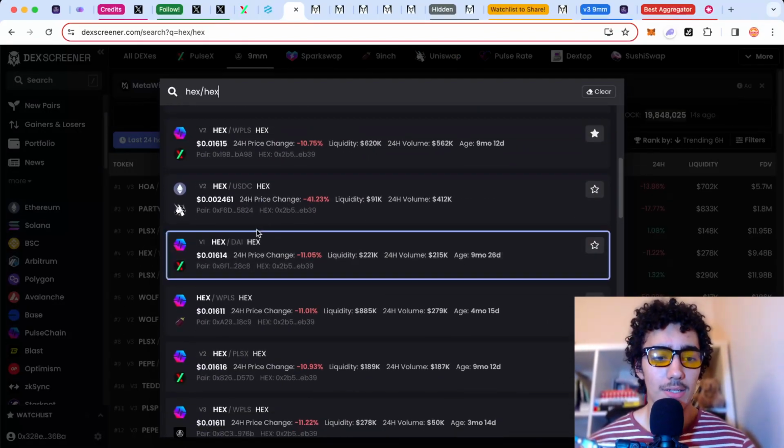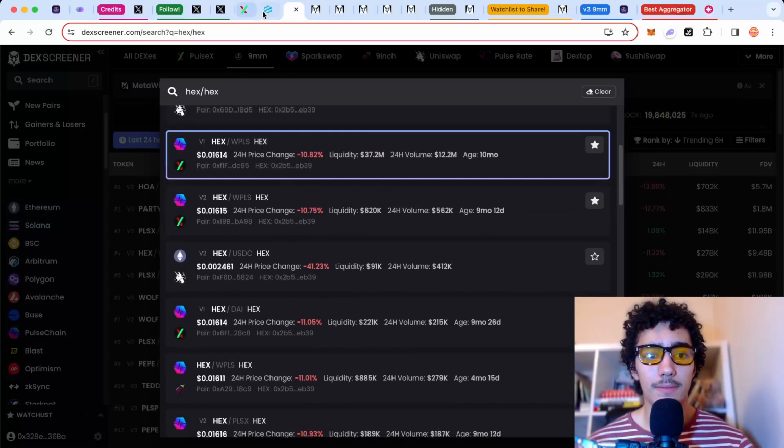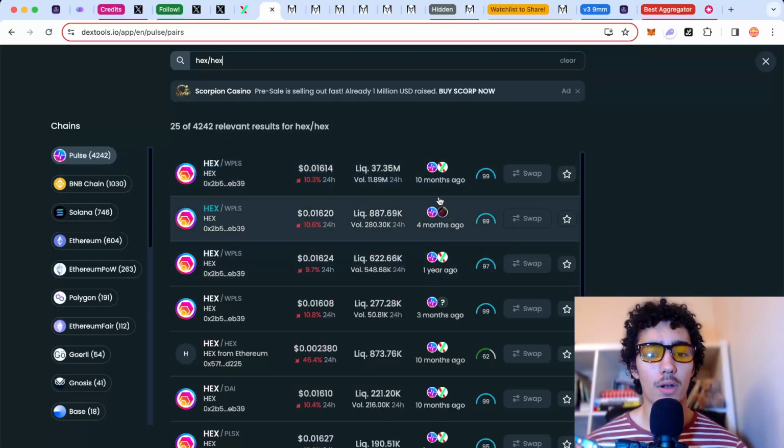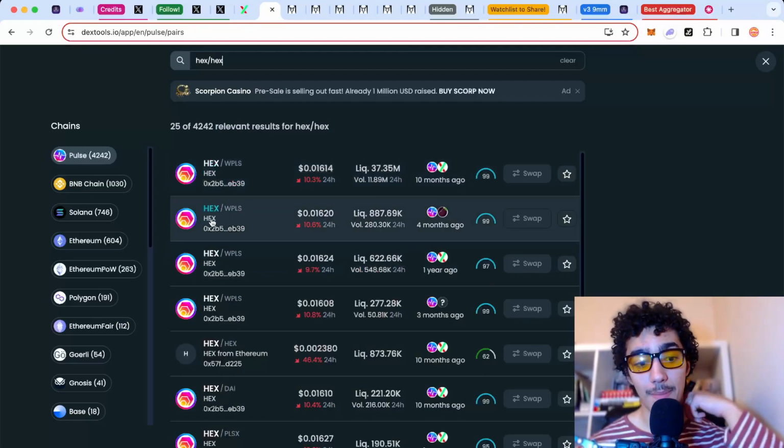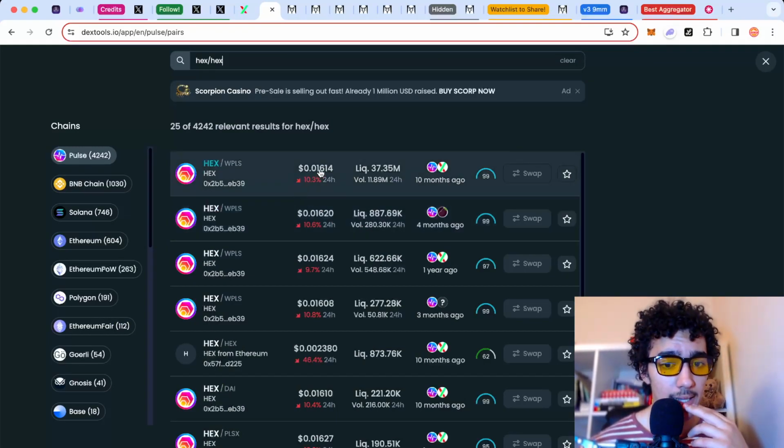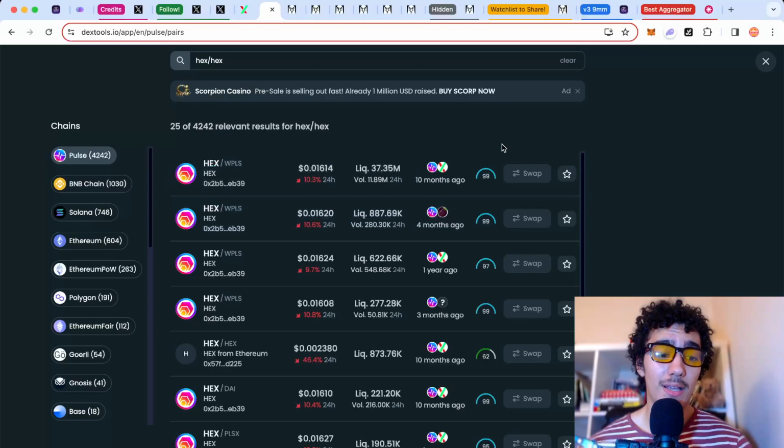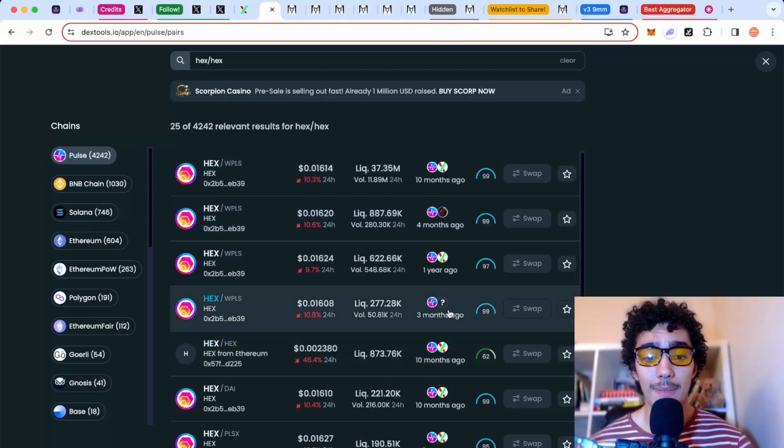This is why DEX Tools is really good for liquidity pools specifically. But it's not perfect either, because it doesn't show 9mm. It just puts it as unknown.